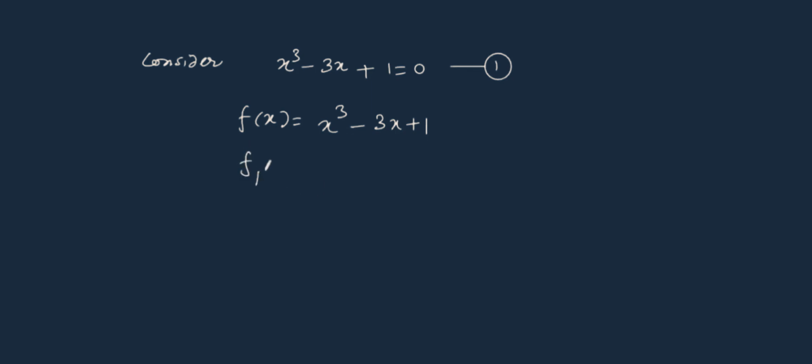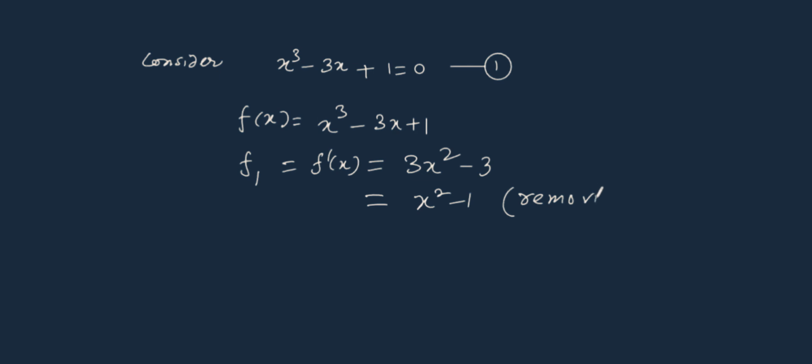Second, f1 will be the derivative. So the derivative will be 3x square minus 3, and after removing the factor 3 we will get x square minus 1.